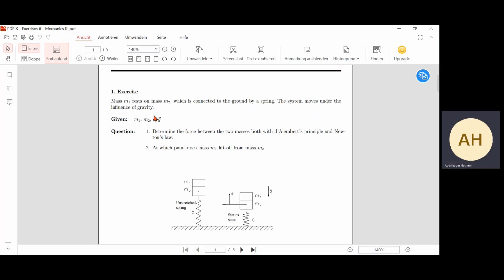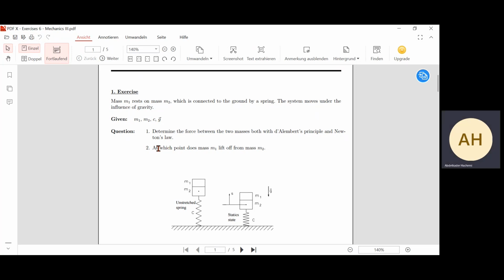The system moves under the influence of gravity. It's given the mass M1, the mass M2, the spring stiffness C, and the gravity acceleration G. For the first question, we have to determine the force between the two masses M1 and M2, both with the principle of D'Alembert and with Newton's law.